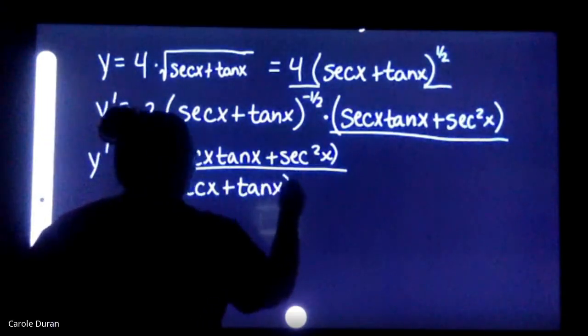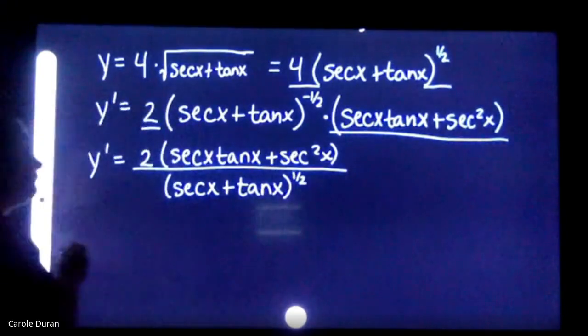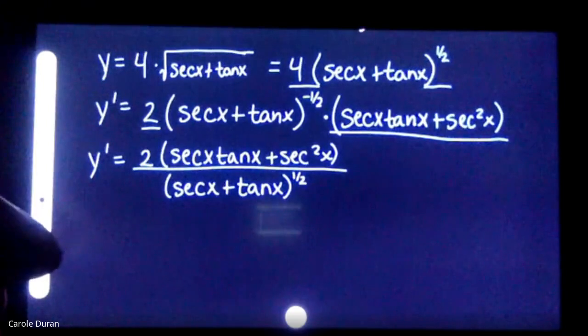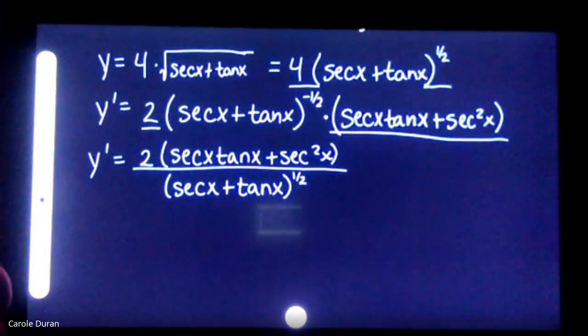And it is to the 1/2 power, do not forget that. What do we notice about my numerator and my denominator? There's something we can cancel out. We have to do something first, but we will be able to cancel out one of those factors.